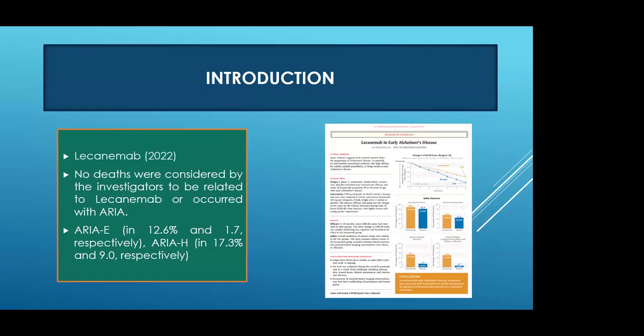Of them, 898 were assigned to receive lecanemab and 897 to receive placebo. In fact, lecanemab did show reduced markers of amyloid in early Alzheimer's disease. But again, this is not going to be the main topic we're going to be talking about today.